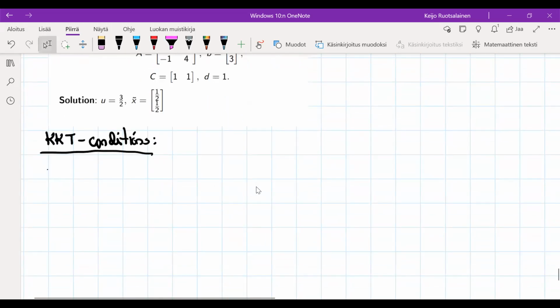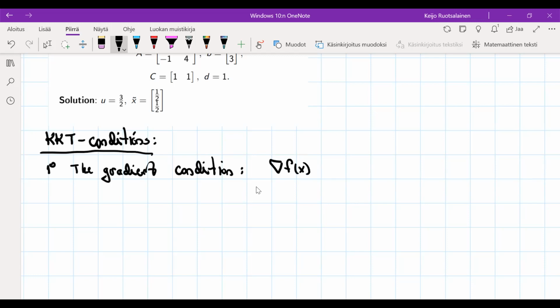First, we have the gradient condition: the gradient of f at x plus, since we have just one constraint, mu times the gradient of g at x equals 0.